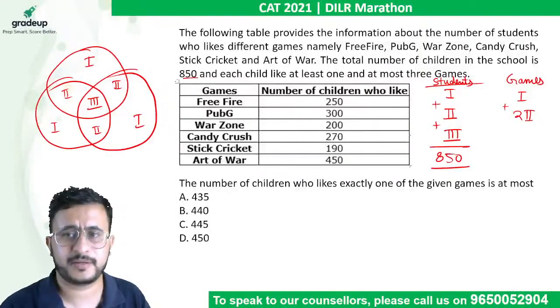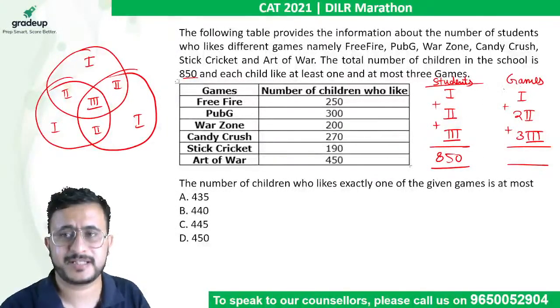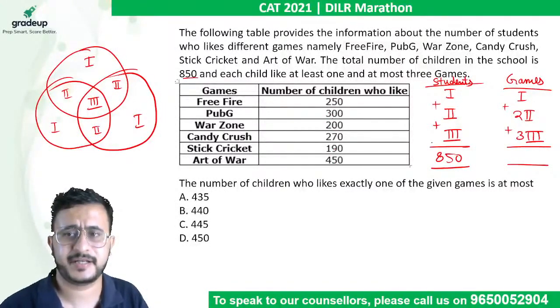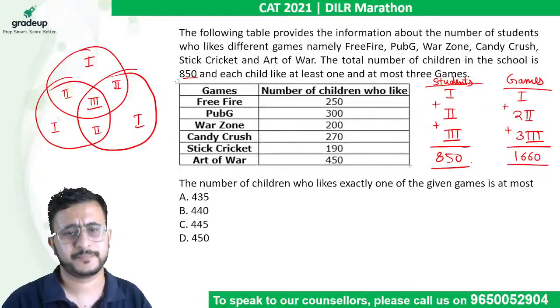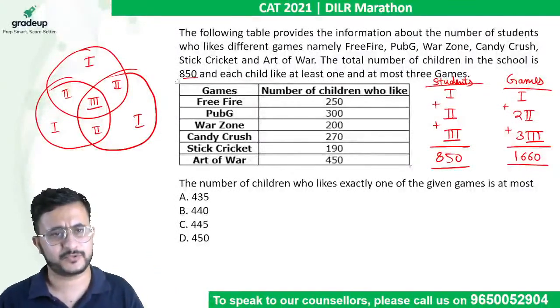And the people who like three games, the count would be 3 times this. So this is the number of students, and these are the number of games liked by the students. Just add 550, 750, 750 and 910. That is 1660, so 1660 is the total number of games liked by these students.